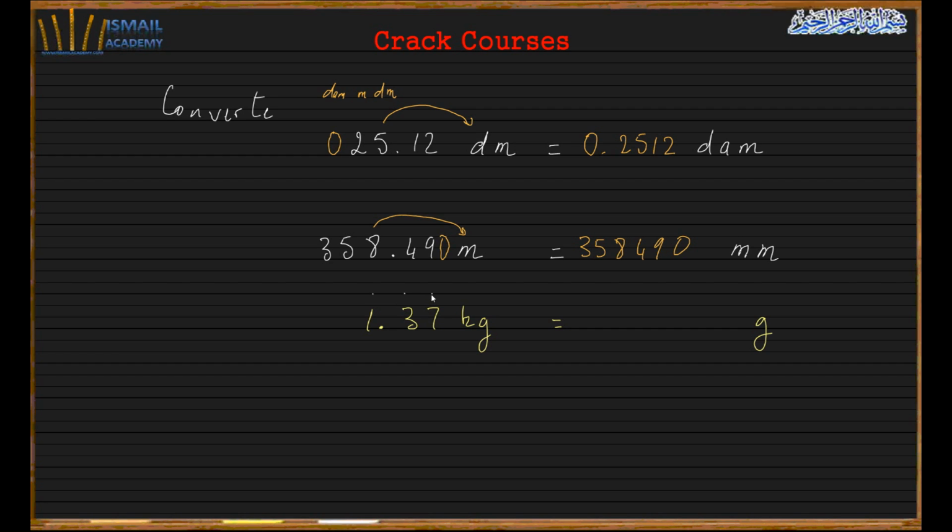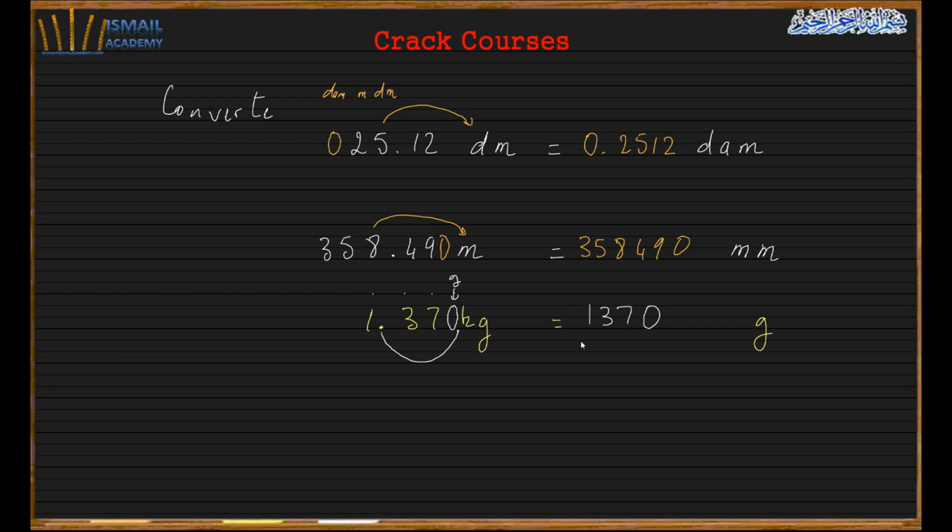Hectogram, decagram, but I'm looking for gram. After decagram we have gram. There's nothing here, I put 0. That means this is my gram. This is what I'm looking for. So I'm going to move the dot after the unit I'm looking for. You see, I moved the dot after that unit. So the answer is going to be 1370.